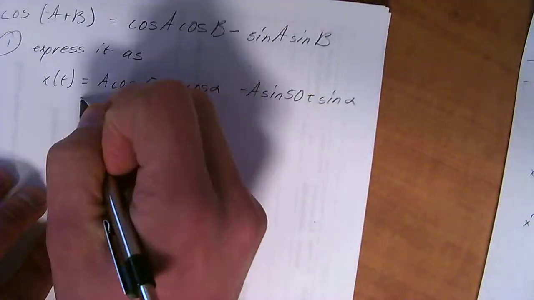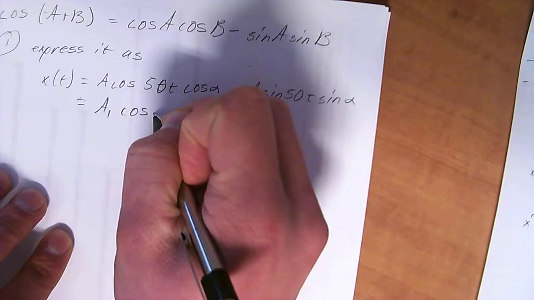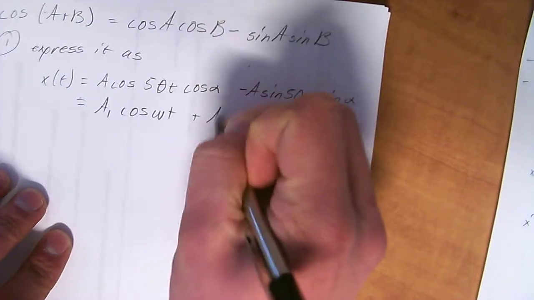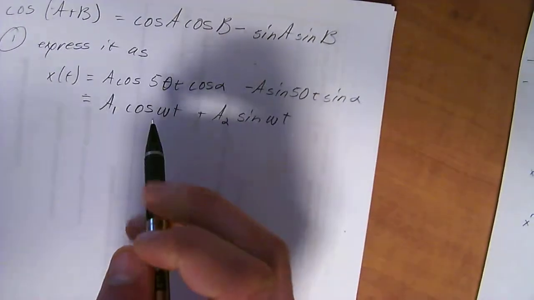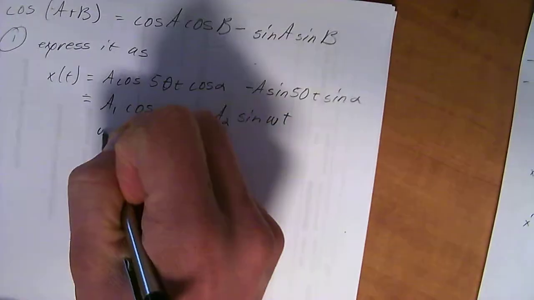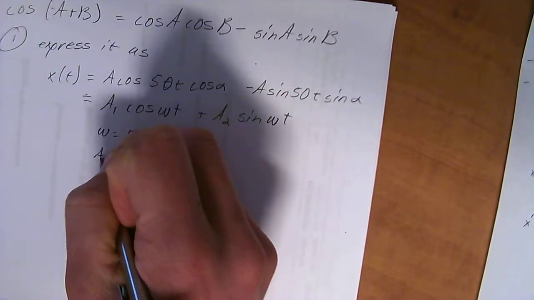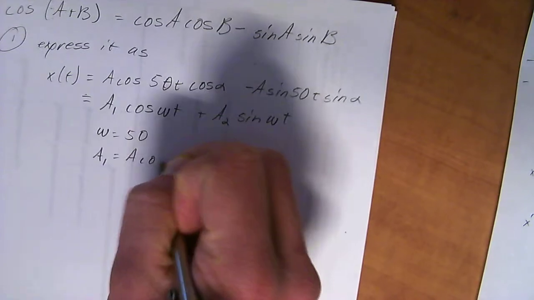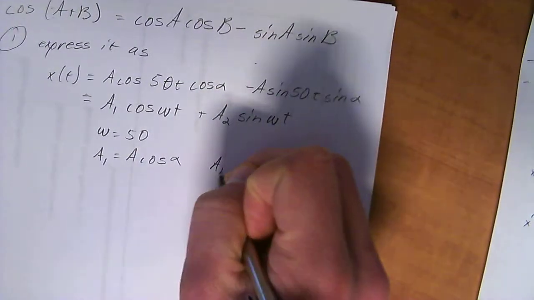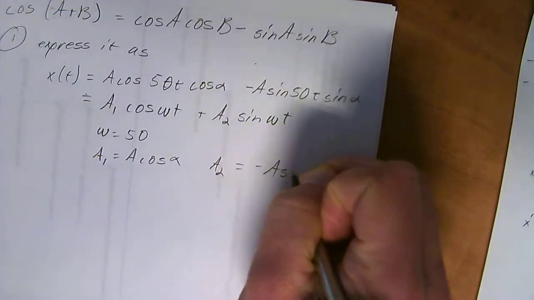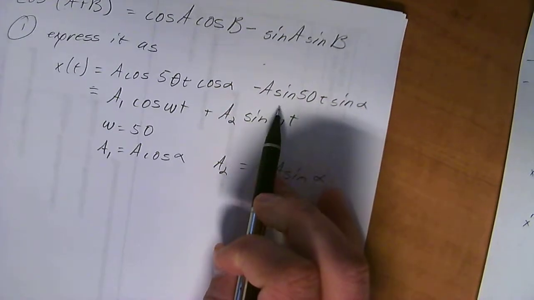Now you can simplify it a little bit, and you can go a1 cosine of omega t plus a2 sine of omega t. And we know that omega is equal to 50. That means that a1 is equal to a cosine of alpha, and then a2 will equal negative a sine of alpha. Hopefully you can see how that works.